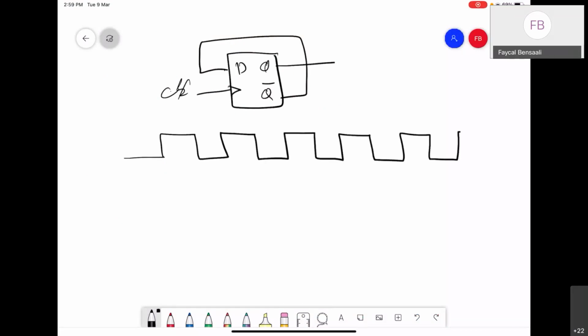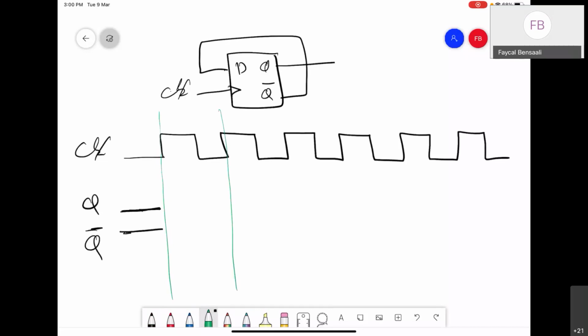This is my clock, CLK, and we say that Q starts with 0. I can add Q bar as well, so you can see it. Q bar starts with 1. If Q is 0, Q bar is 1.